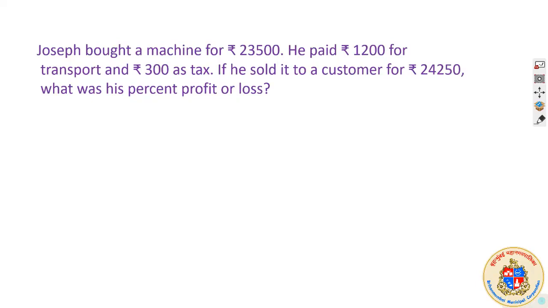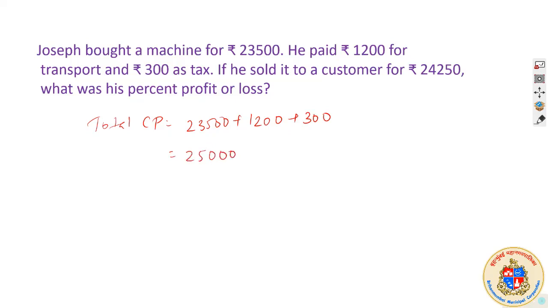To know whether it is profit or loss, we should find out the total cost price. In that we will add all these things, the cost of the machine, which is 23,500, plus the amount of transportation, 1,200, and 300 rupees tax. Altogether it becomes 25,000.